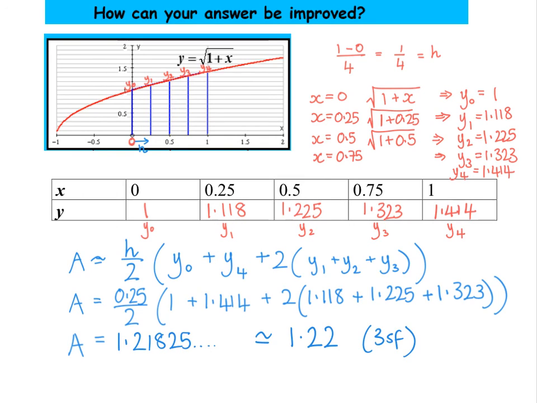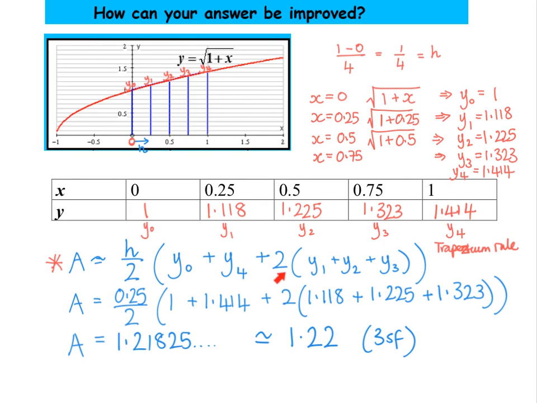So make sure that you can locate this formula, which is called your trapezium rule, in the formula booklet. If we just go through what we have: the distance between the strips, h divided by 2, your first ordinate plus your last ordinate plus twice the sum of the middles.